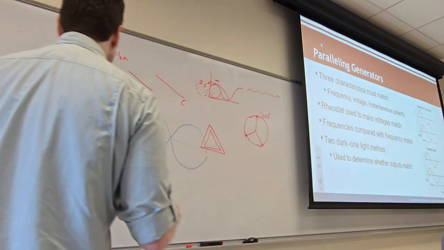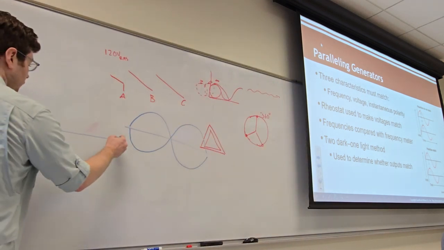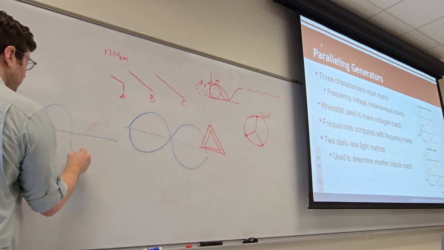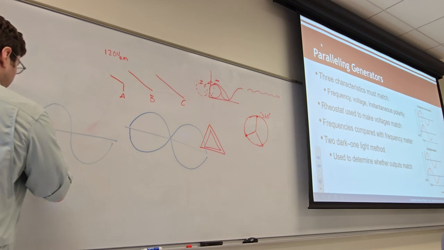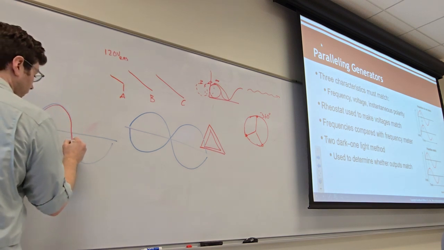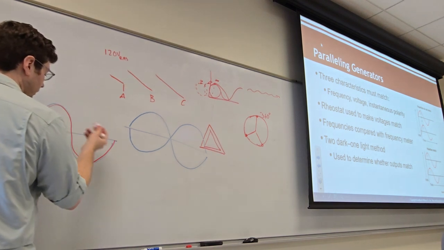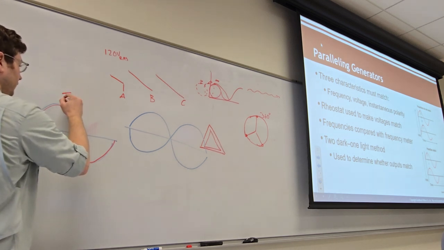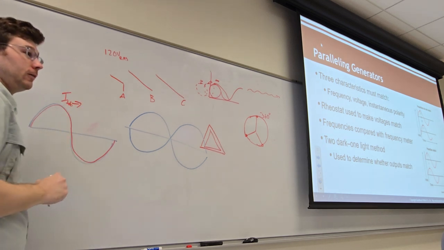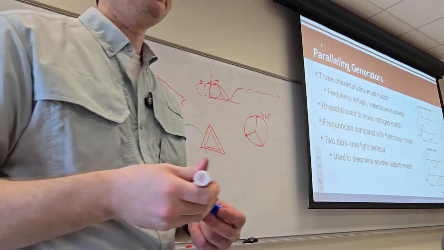But if you had 2 generators that were perfectly synced, or synced pretty well, maybe a little bit out of alignment, they could still provide useful amounts of power, or current or whatever.